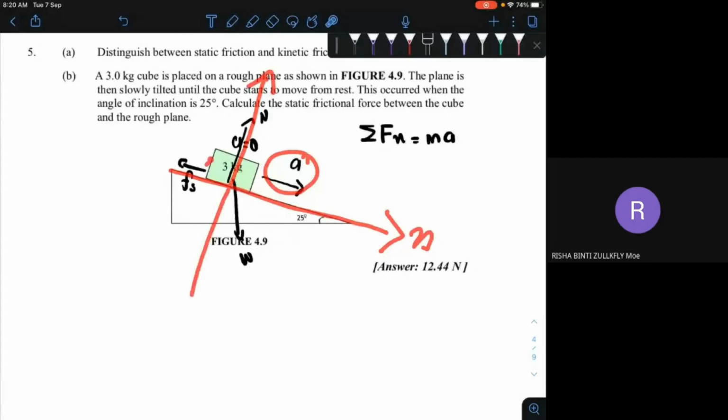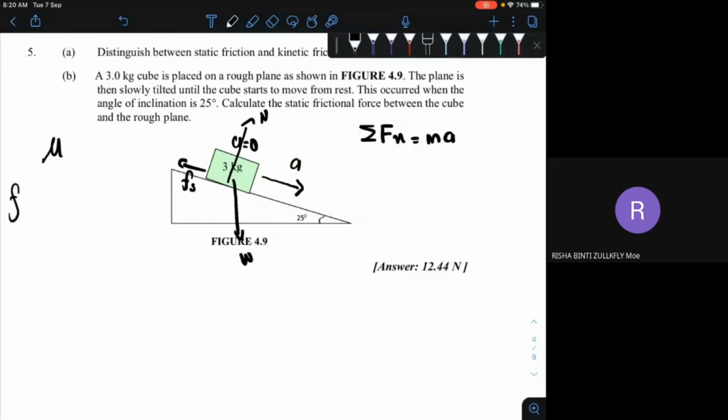So you have friction along X and your acceleration is also along X. So the total force along X must equal ma. Dalam kes ni, dia tak bagi nilai mu, so you don't have to find the normal lah. Boleh terus cari F itu. Sebab dia tak bagi mu, kita tak akan guna equation ini.